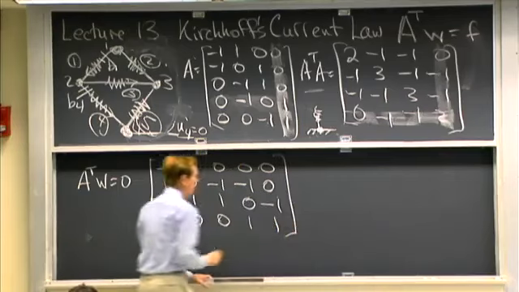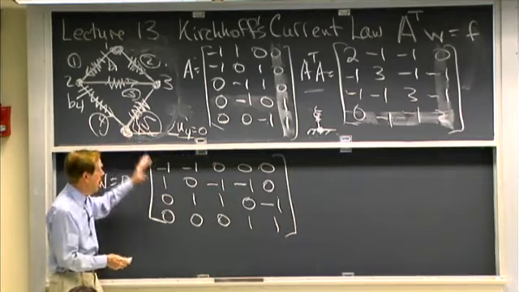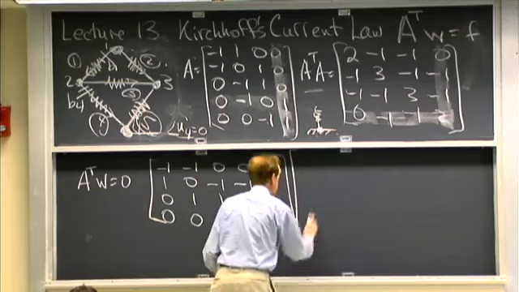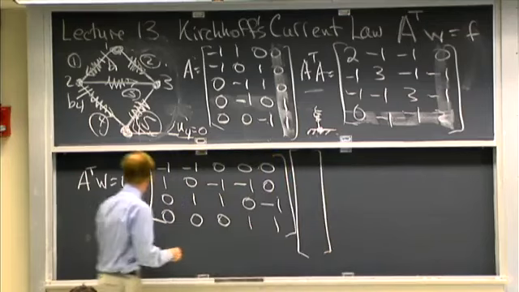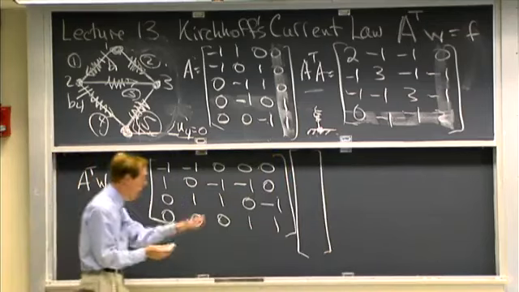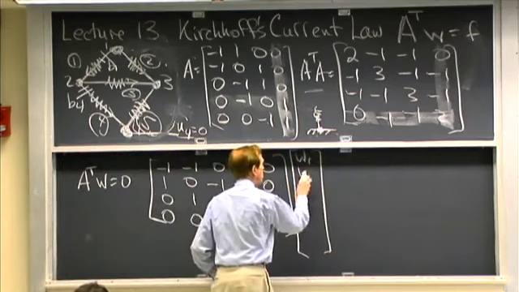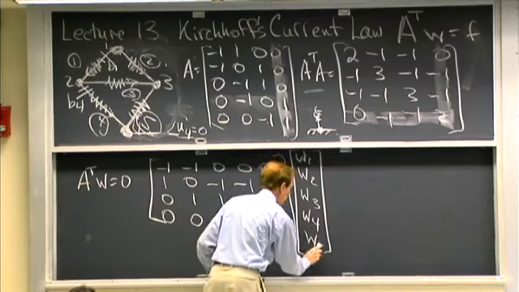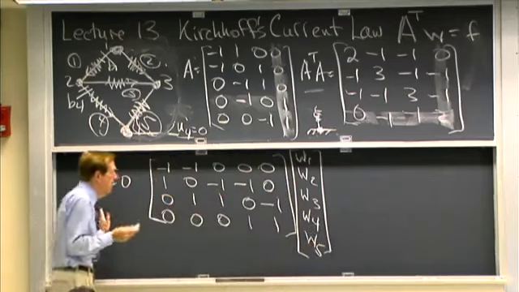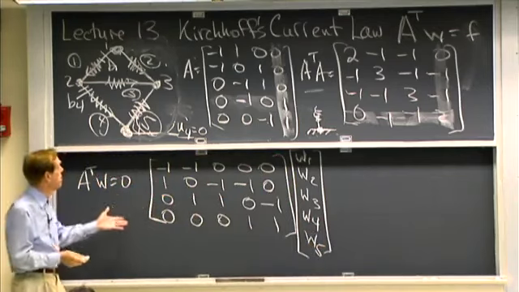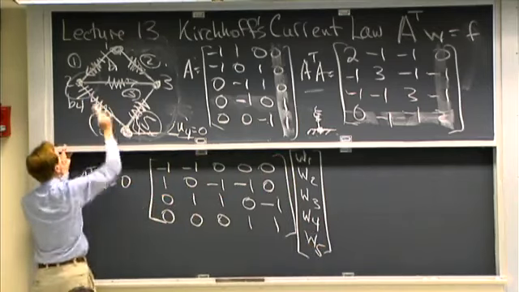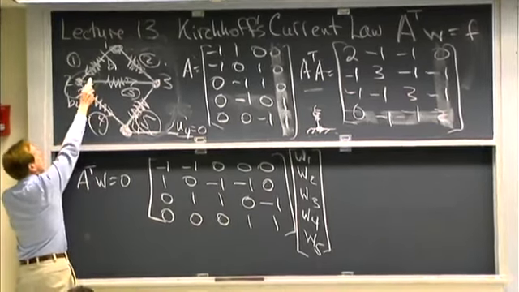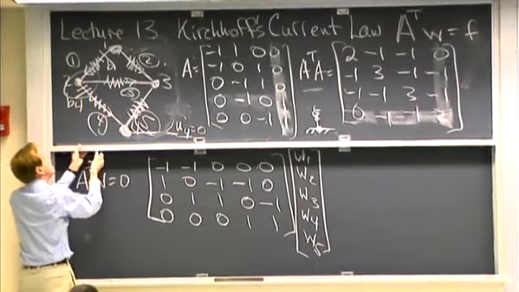Because if I didn't fix that, I'd have that last one. There we go. So that multiplies. What does that multiply now? In Kirchhoff's current law, it multiplies W, so currents. So here are the currents, 1, 2, 3, 4, and 5. All I'm doing now is just convincing you that it really is A transpose, that if I look at, let me pick that node now. If I look at that node, I see edge 1 coming in.